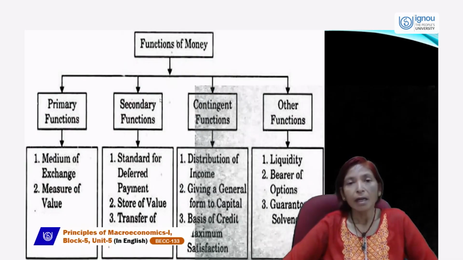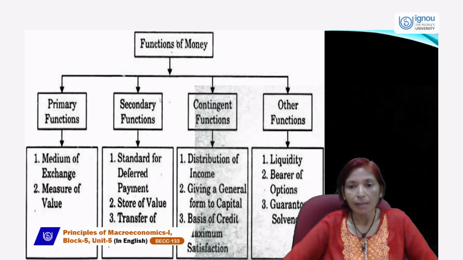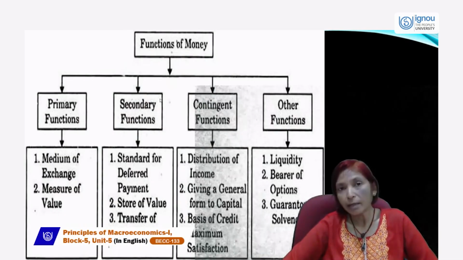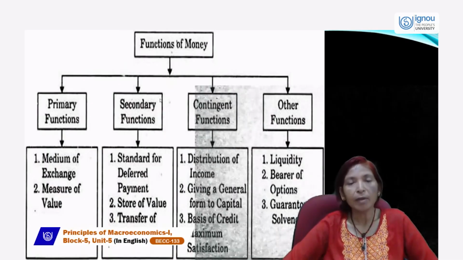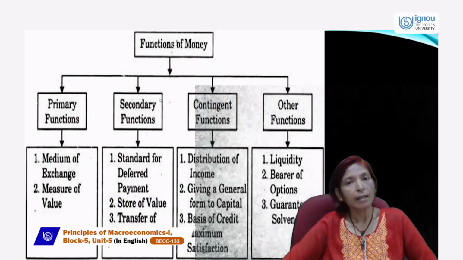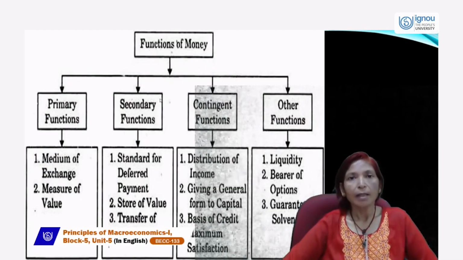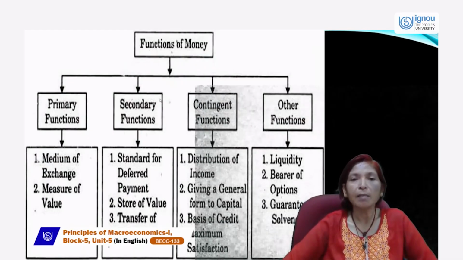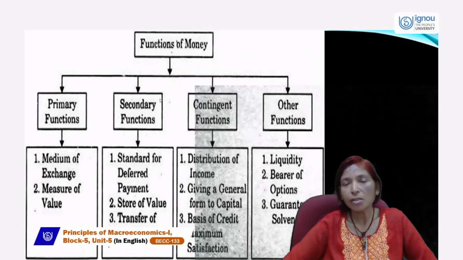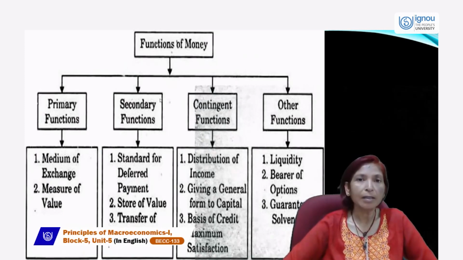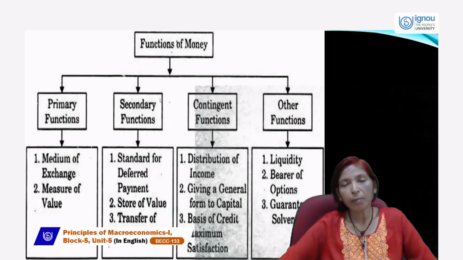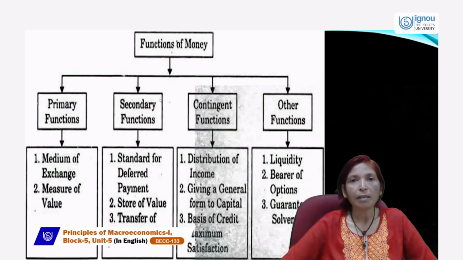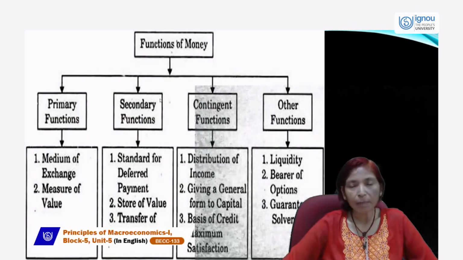A person who has money can be a guarantor of solvency, because a person who doesn't have money and does not fulfill their liabilities will be declared insolvent by law. But a guarantor who has money can prove the other person is not insolvent, because he can pay all the liabilities of that person.